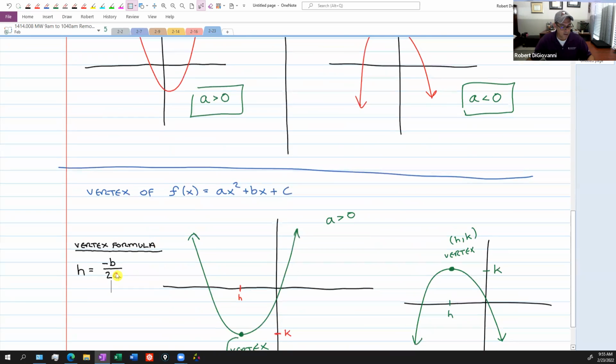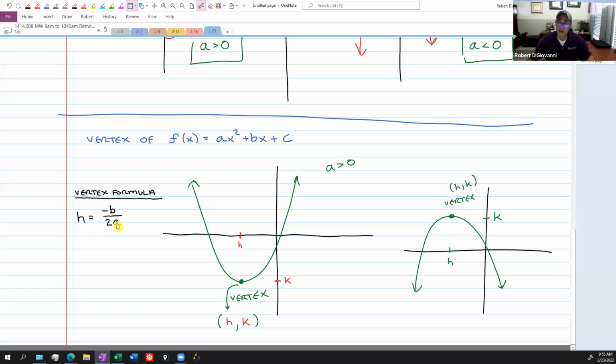And then if you calculate negative B divided by 2A, that's going to give you the X coordinate of the vertex. And then if you want to know what K is, all you have to do is take your function and plug in the answer you just got. This is H, and you're going to plug it into the function. And that will give you the K every time.